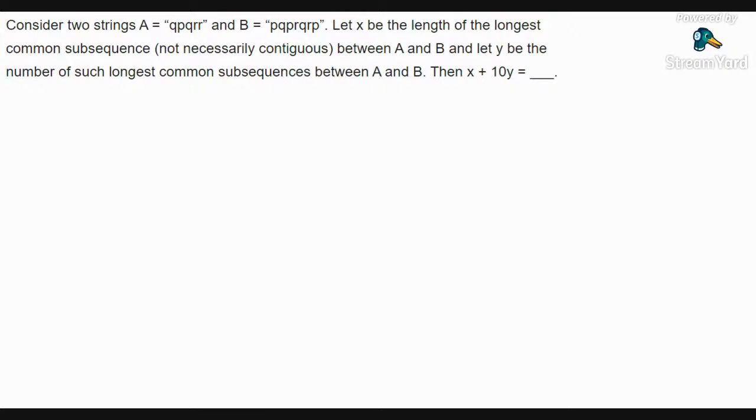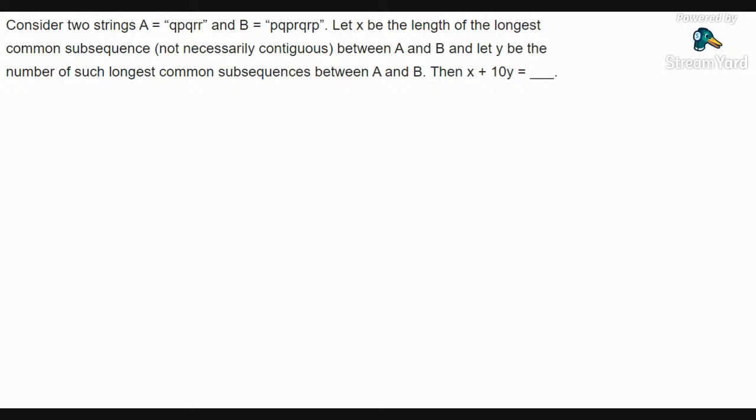Because see, how many characters are there in the first sequence? 5 characters. So is QPQRR present in the second string? Q is present, P is present, then Q is present, R is present, the last R is not present. So it concludes that the length of the longest common subsequence cannot be 5.